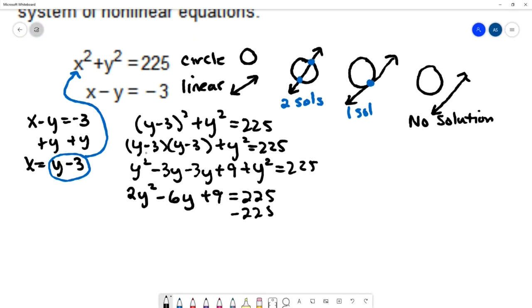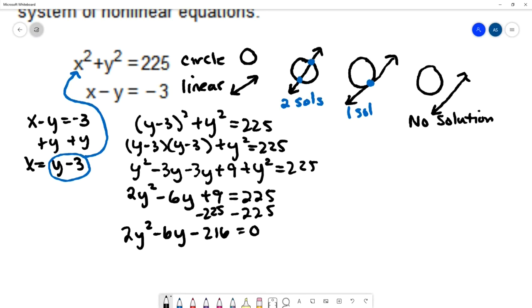I'm going to subtract 225. And positive 9 minus 225 is 216. So we have 2y squared minus 6y minus 216 equals 0.